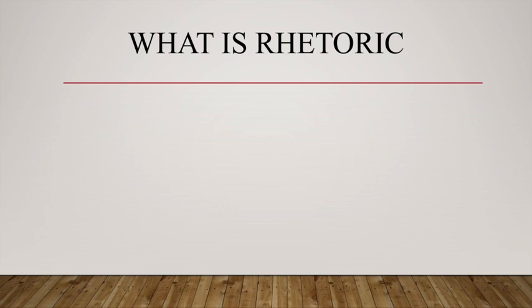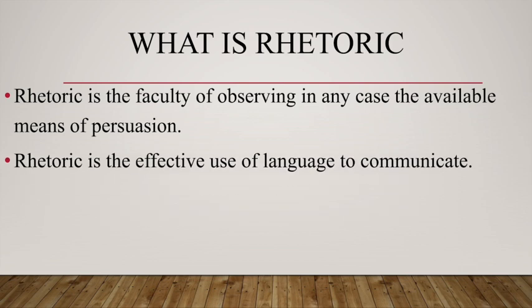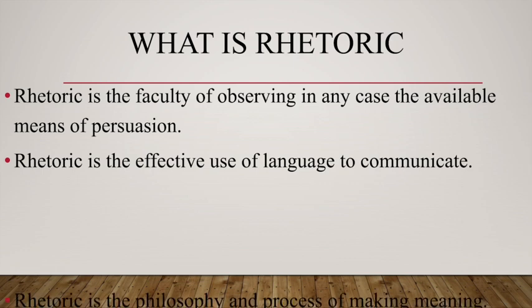This is a quick review, but remember we talked about rhetoric as in the Aristotelian sense of observing in any case the available means of persuasion. So using language to persuade. We also talked about rhetoric as the effective use of language to communicate. This is one of the most widely understood definitions of rhetoric for today, meaning that it is how we use language to communicate.